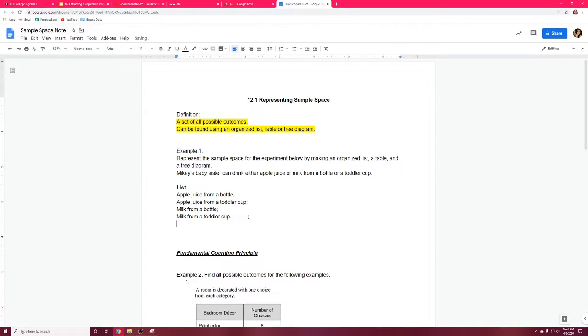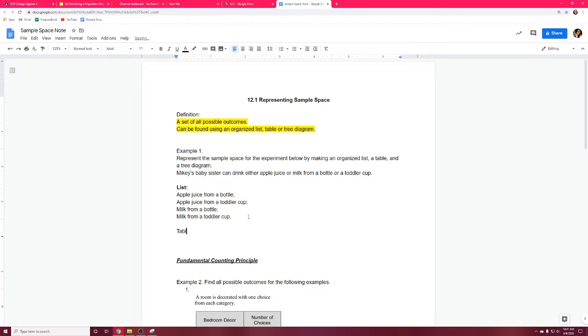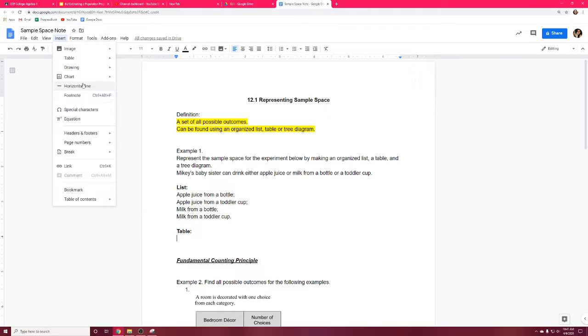The second method, we can use a table. When we use a table, if you only have 2 possible options they can choose from, you can use a two-way table. So let me find the table.